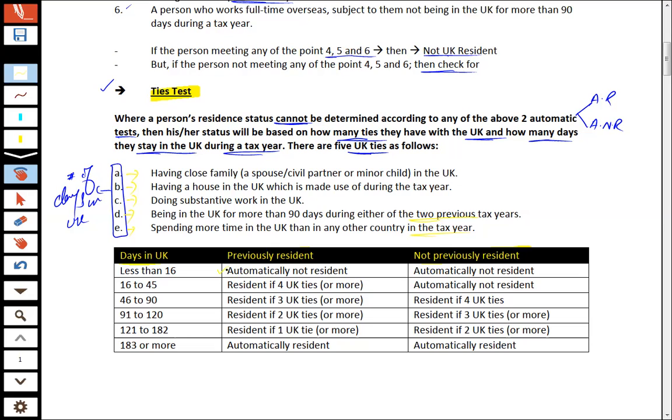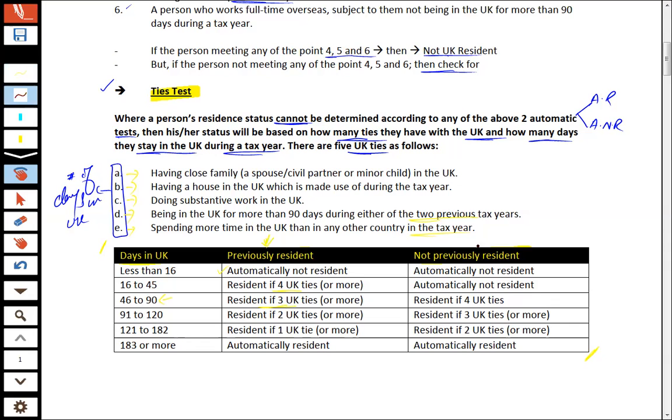But if a person was previously resident and now spends 16 to 45 days in the UK, then he is required to meet 4 UK ties. Then if a person was previously resident and is staying in the UK for 46 to 90 days, in that case a person would require 3 UK ties or more. Remember, this table is also given in the exam.